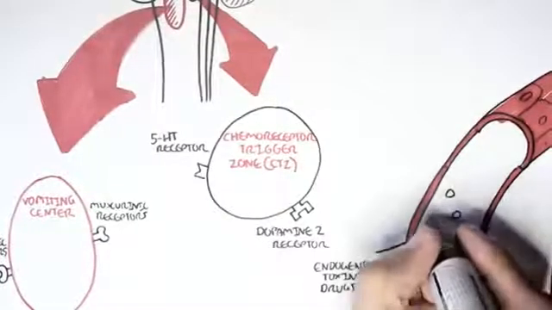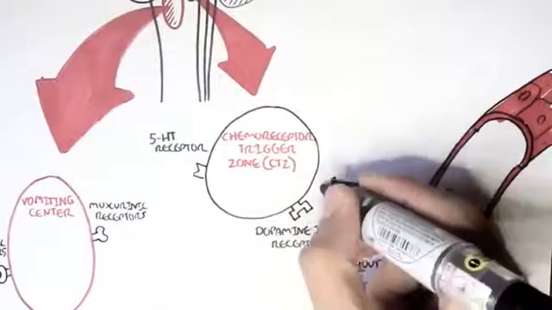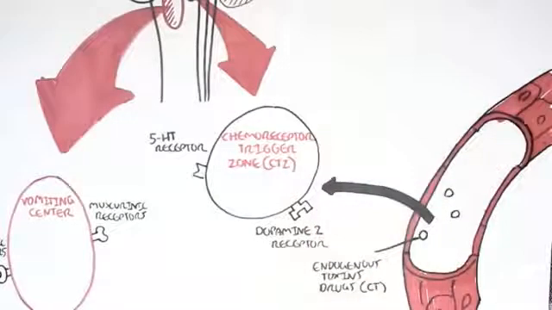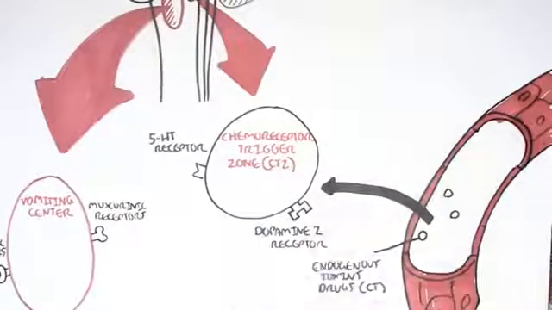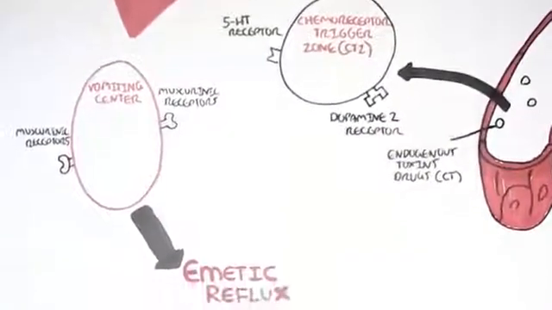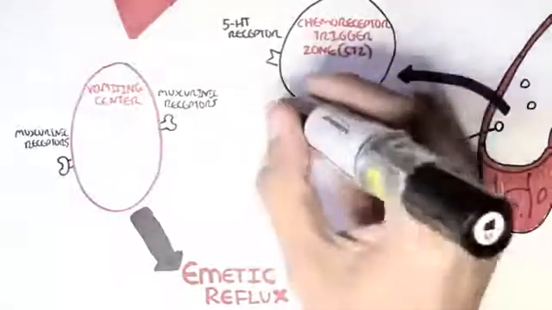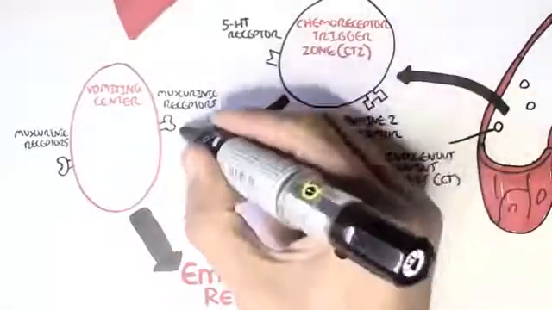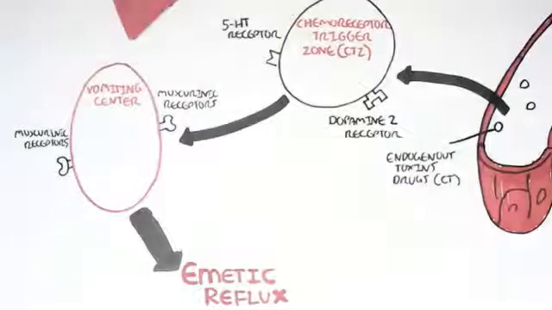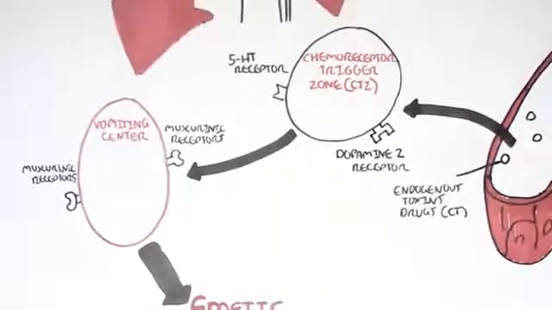So these toxins that are circulating around can conveniently activate the receptors of the chemoreceptor trigger zone. Activation of the chemoreceptor trigger zone will then stimulate the vomiting center, which will then activate the emetic reflux, the physical act of vomiting. So essentially, the chemoreceptor trigger zone is what's stimulated by circulating toxins, and this will cause us to vomit.